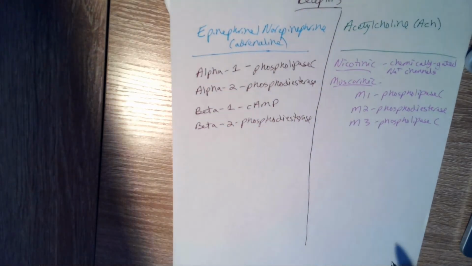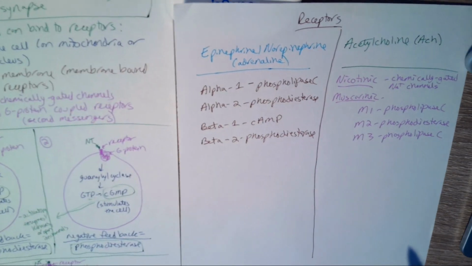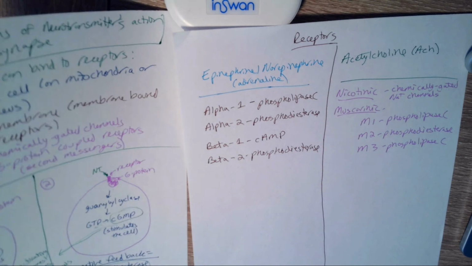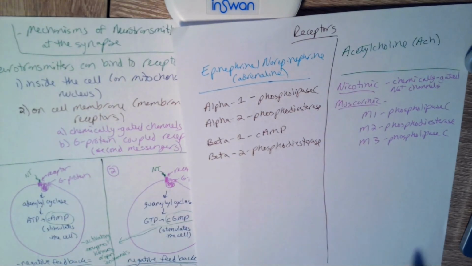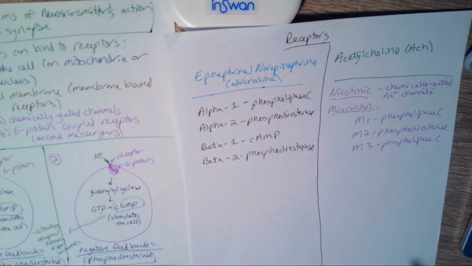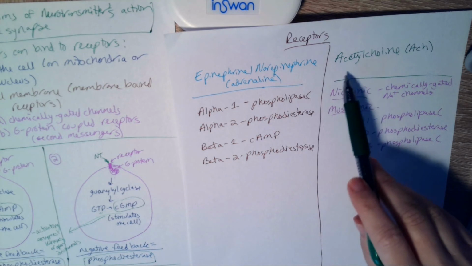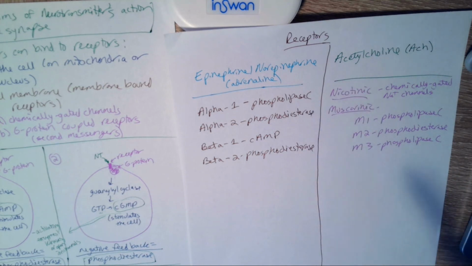Okay, so the last thing that we need to do for this unit then is, I'll try to leave this here because we're going to refer to it back and forth. We're going to look at two different neurotransmitters and the different kinds of receptors that we can have there. And these are very basic examples of the receptor types that you have for these neurotransmitters.